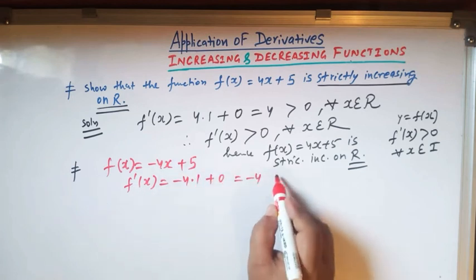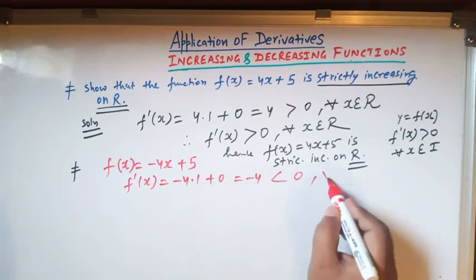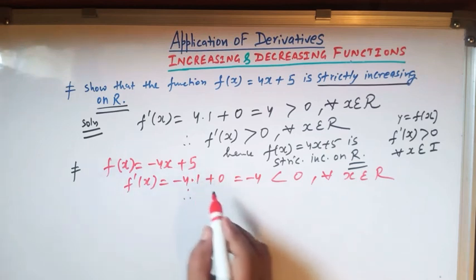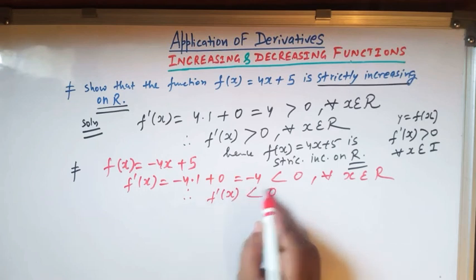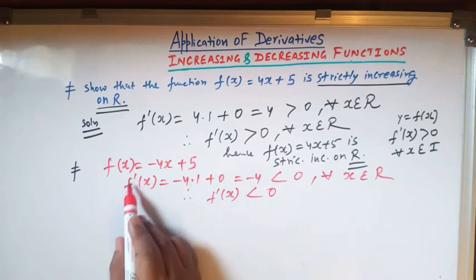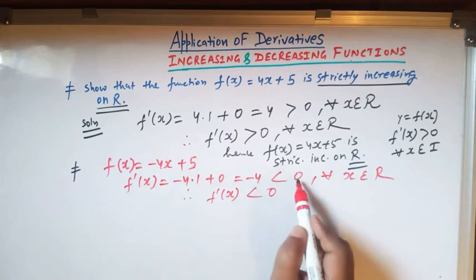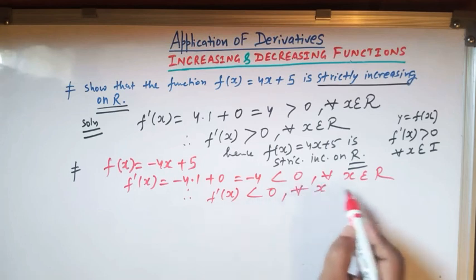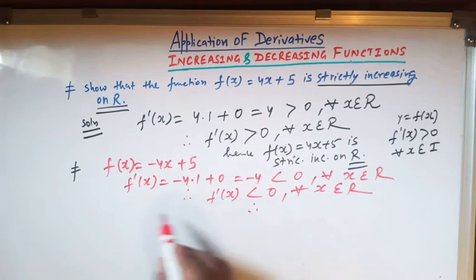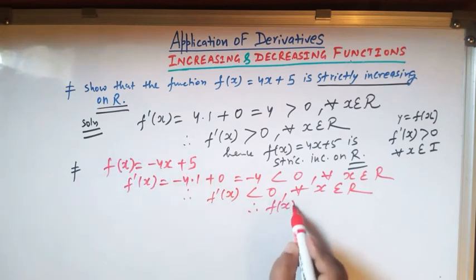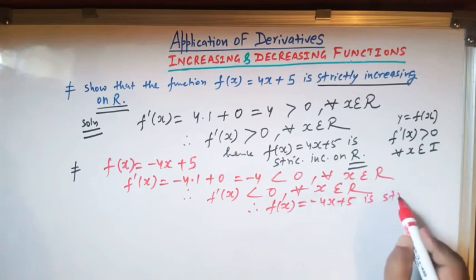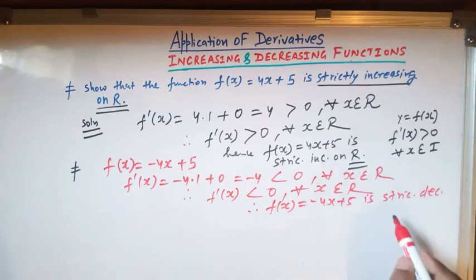Minus 4 is less than 0 for all x belonging to R. So in this case f prime of x is less than 0 for all x belonging to R. Therefore the function f(x) equal to minus 4x plus 5 is strictly decreasing on the set of real numbers. Clear?